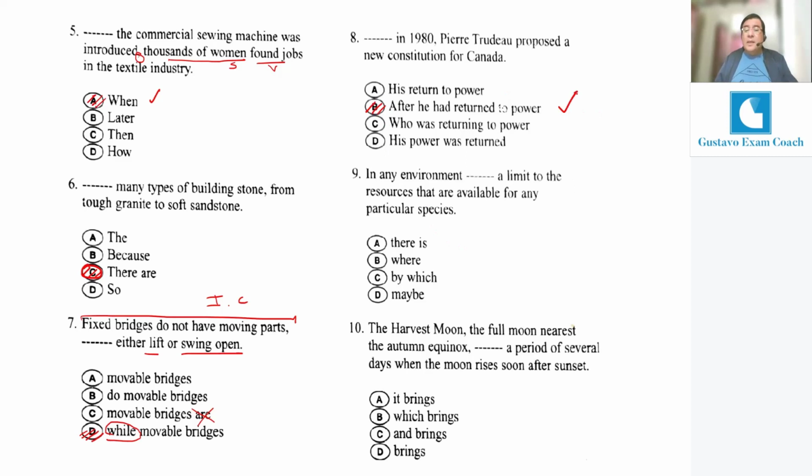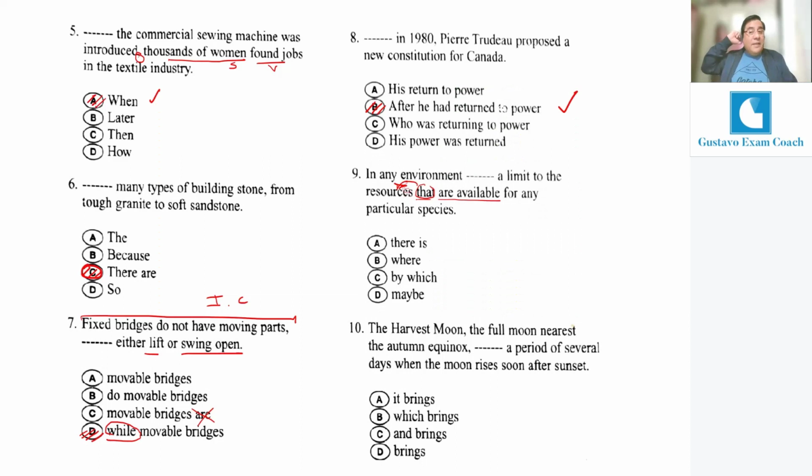Number 9. In any environment, blah, blah, blah, a limit to the resources that are available for any particular species. Okay, we need a conjugated verb because it says a limit to the resources that are available. These that are available is just a clause modifying the word resources, an adjective clause. But then we have a limit to the resources as a phrase, and there's no subject and conjugated verb.